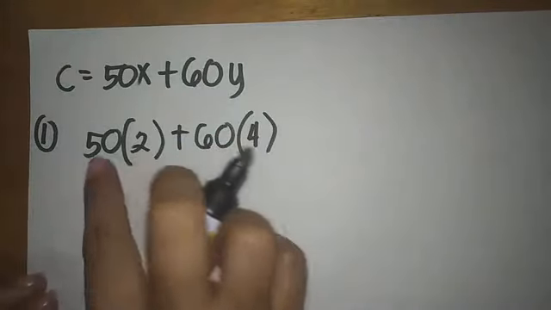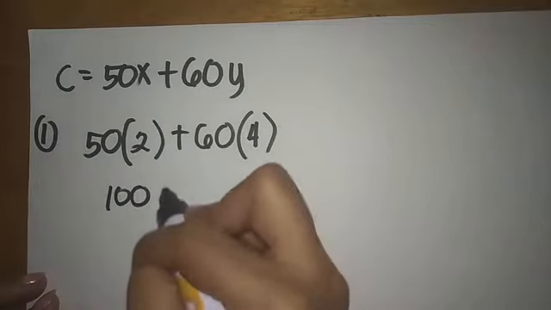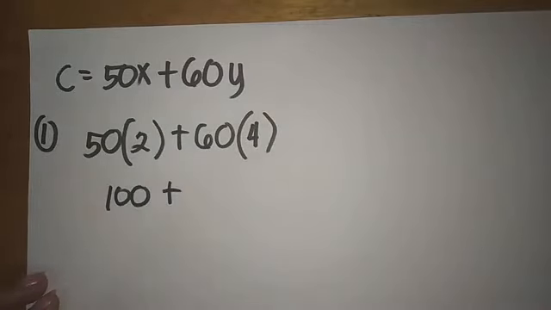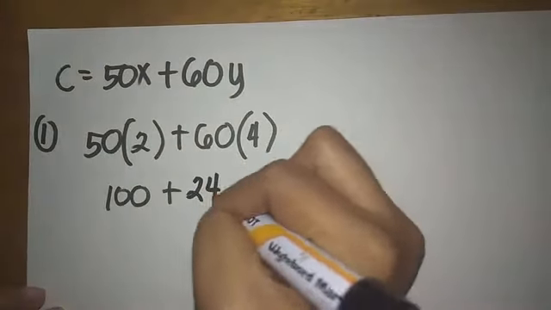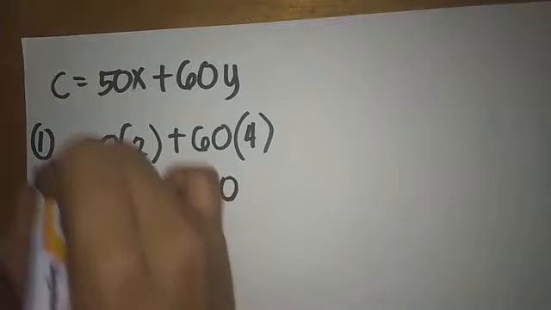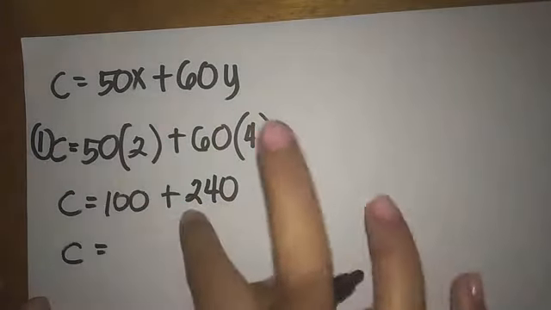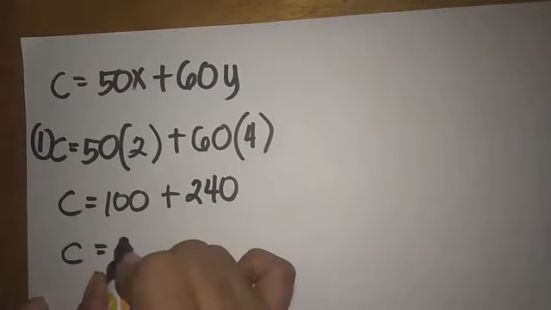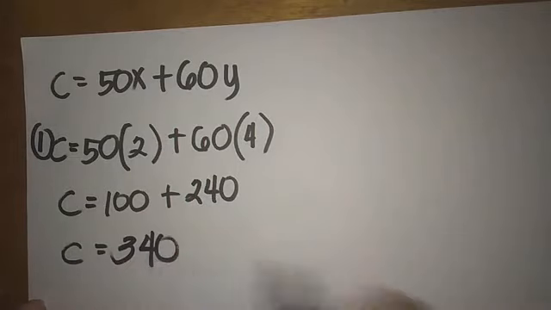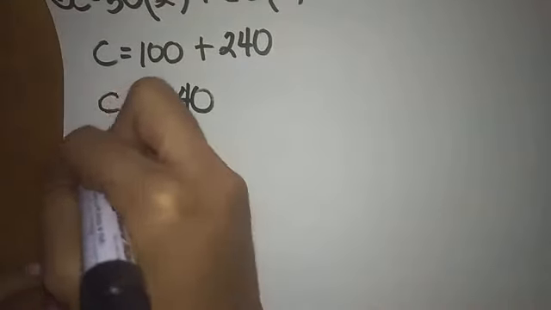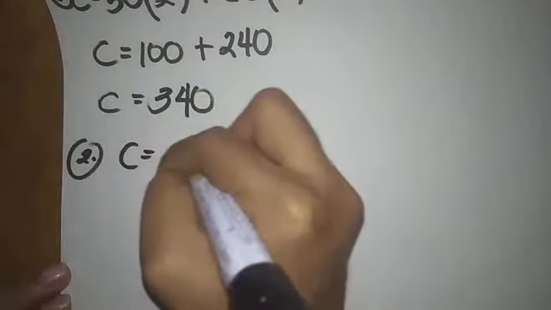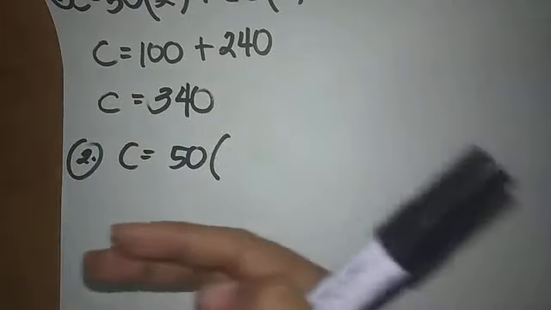So, 50 times 2 is 100, plus 60 times 4 is 240. C is equal to 100 plus 240, which is 340.